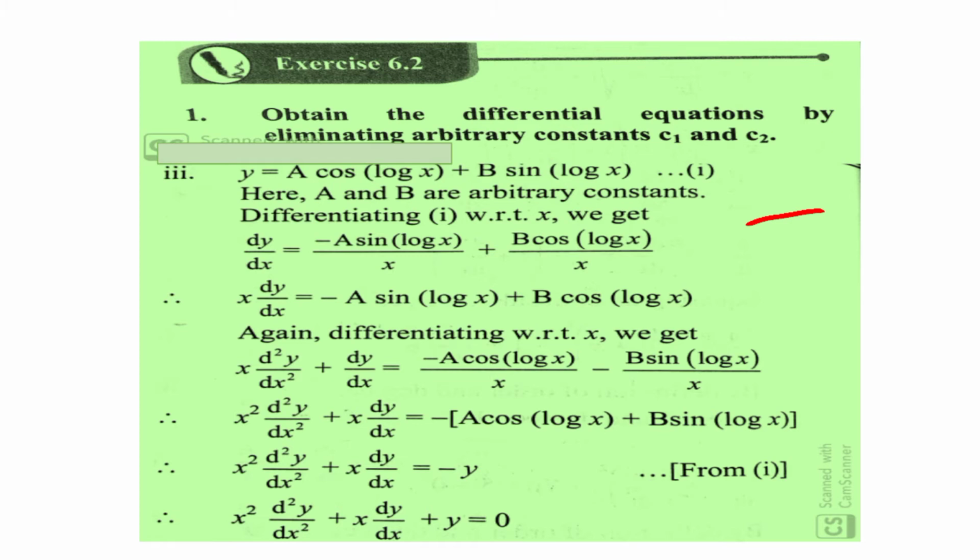So we get dy/dx equals, a is constant, then the derivative of cos(log x) is minus sin(log x) into the derivative of log x, that is 1/x.